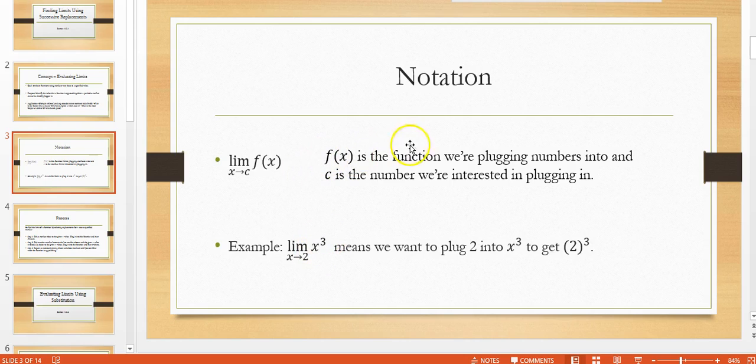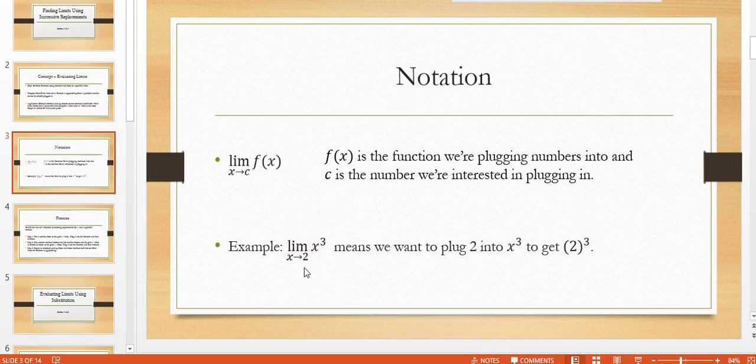Now f of x is the function that you're interested in plugging the numbers into. So whatever you see off to the right-hand side, that's where you're going to plug the number in. For c, that's the number that you're interested in plugging in, and sometimes you'll be able to plug it in directly, but sometimes you'll have to use the numbers really close to it. For example, in this problem that I have down here, I have the limit as x approaches 2 of x cubed.